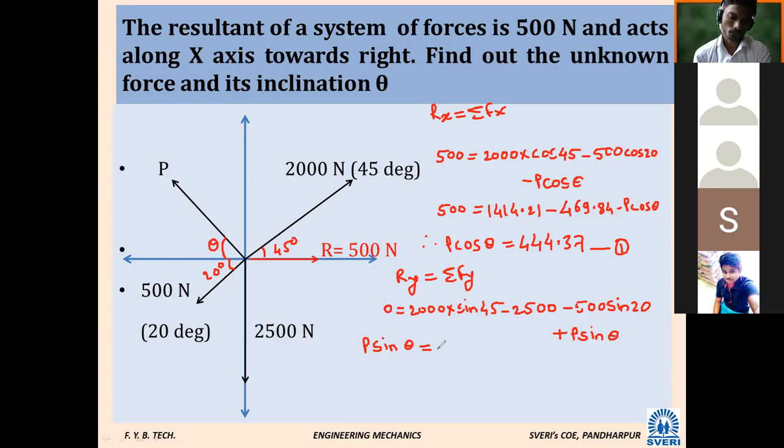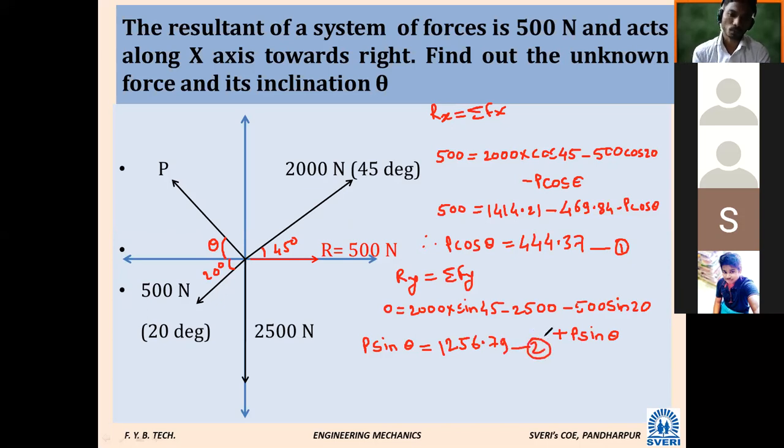So 1256.79 is the correct value. So this will be my equation number 2.